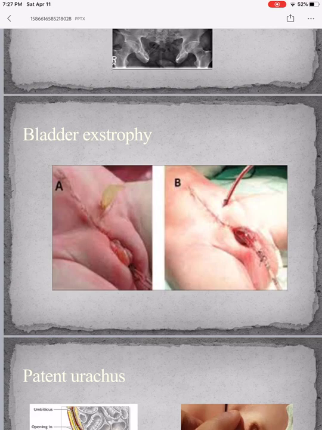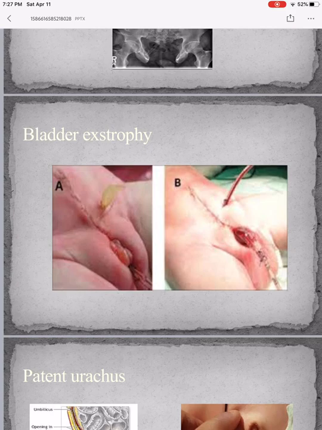We have only a small template of bladder tissue, and we have to enlarge this area. Therefore, we close this template to ensure urine resistance inside this closed segment in order to increase in size, because as you know, the bladder will not increase in size without the resistance of the urine.